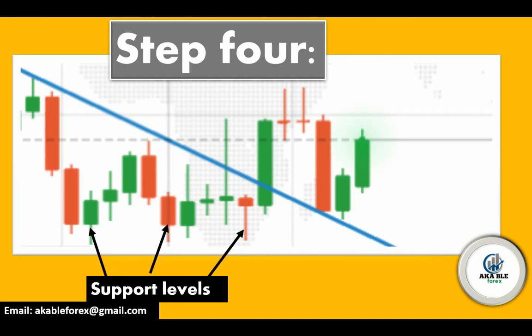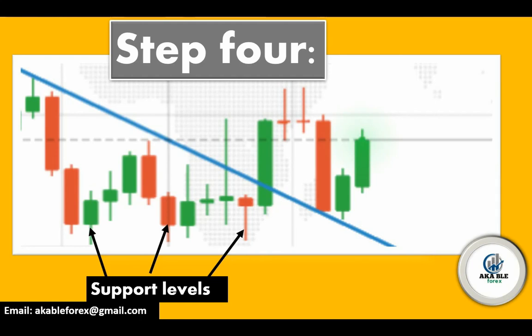In the example, here is our support level. At that place, we realize that any time the market gets there, it bounces back to the top. So here is our support level.